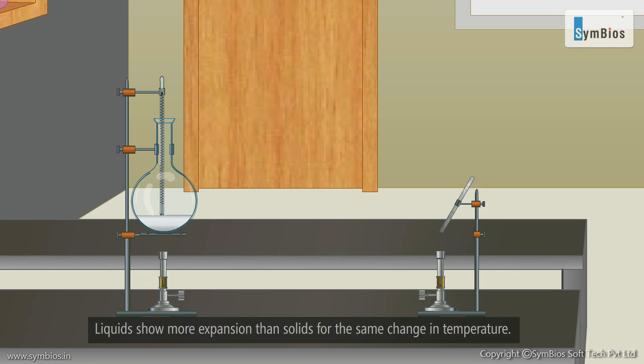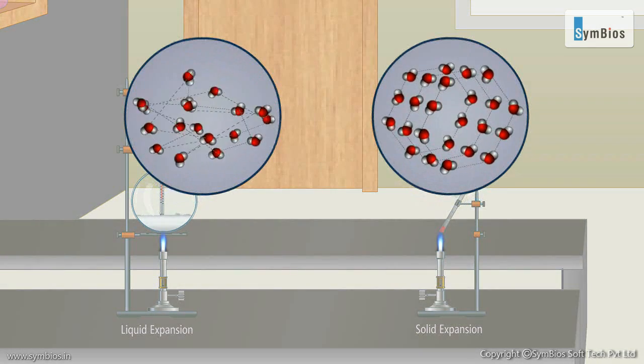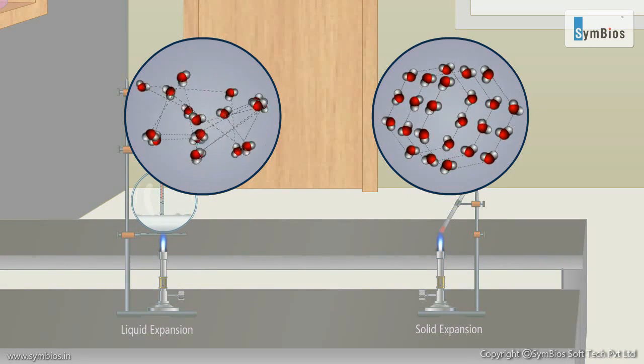Liquid and solid expansion differs, as the molecular structures of liquids and solids are different. They show difference in expansion. Liquids expand more than solids for the same change in temperature.